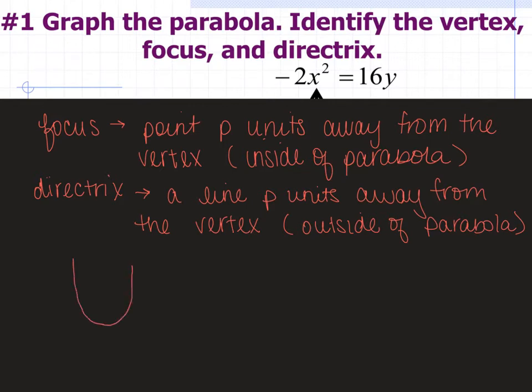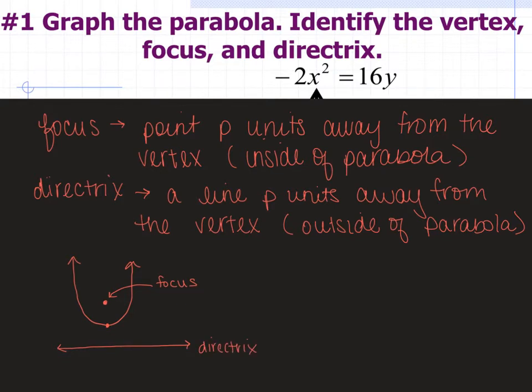So when we're looking at a parabola, it's just a rough sketch here, and we have our vertex, we would have a point that's on the inside. This is what's called the focus. And then you have an additional line on the outside. This is what's called the directrix.